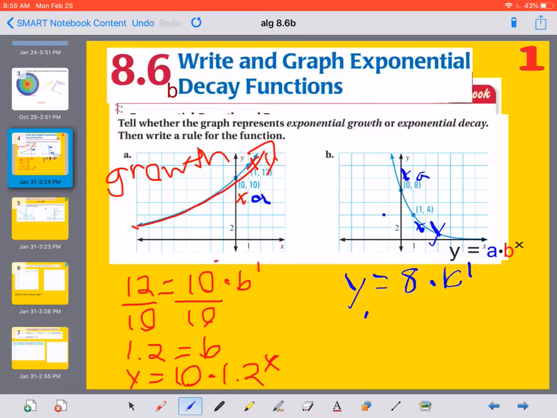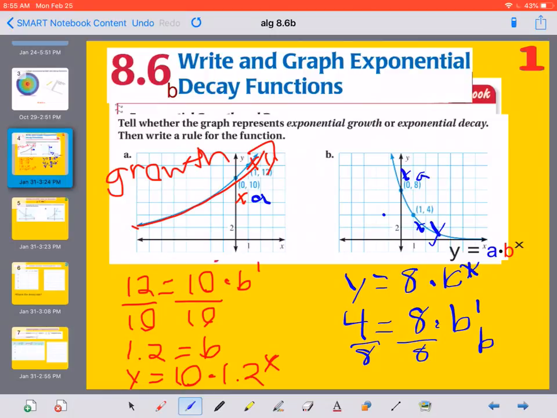Actually, I'll just rewrite this. Y, instead of y though, we're going to have 4 equals 8 times b. Now instead of x, we're going to have 1. So we need to divide by 8 because it's being multiplied.